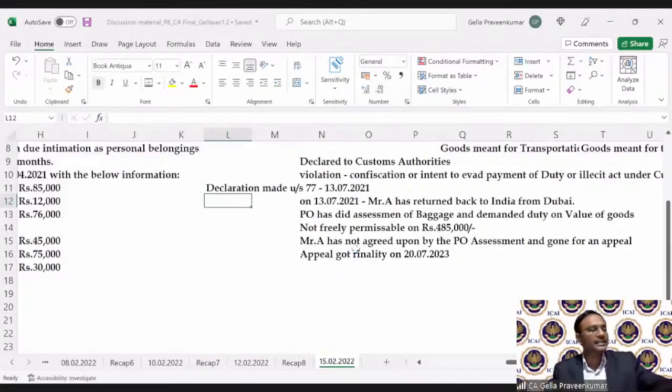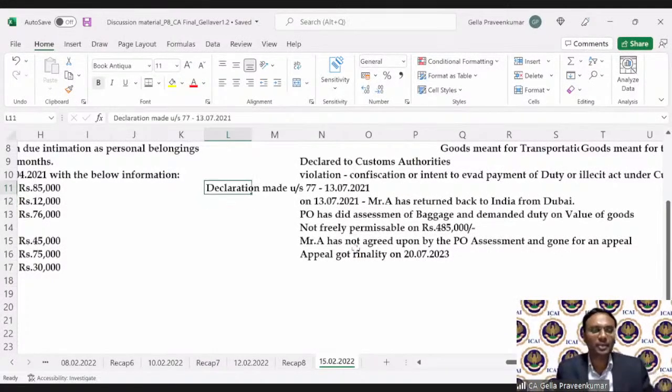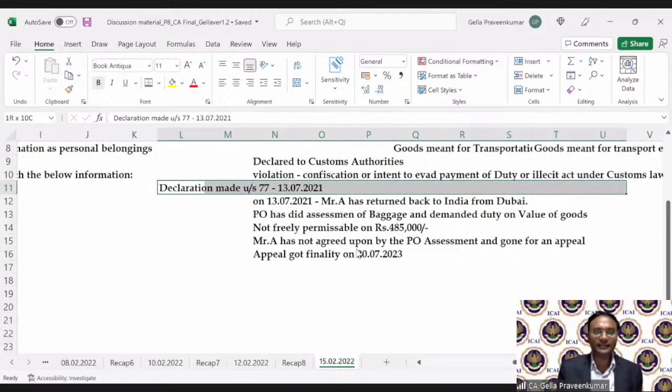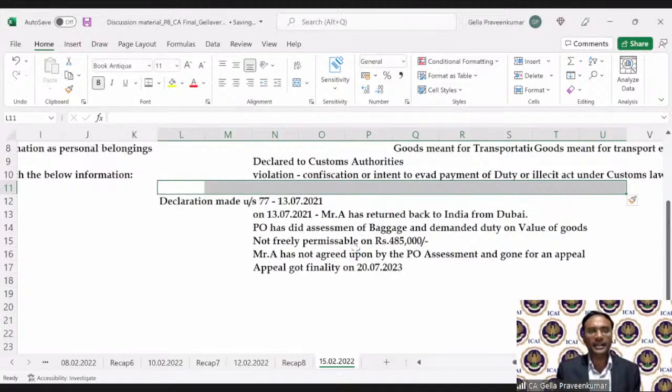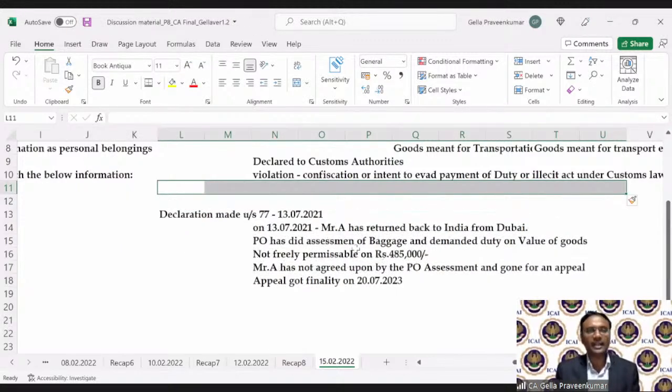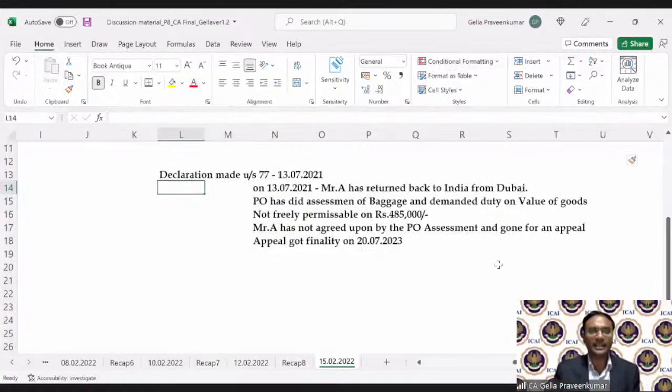Now, this gentleman, Mr. A, when he came to India, what happened? He gave a declaration that, sir, I have visited from Dubai, and this is the day I am coming to India, and this is the value of goods which I am taking back. So, in the process of this baggage, proper officer says, Mr. A, you have carried the goods more than what I can permit you under customs law.